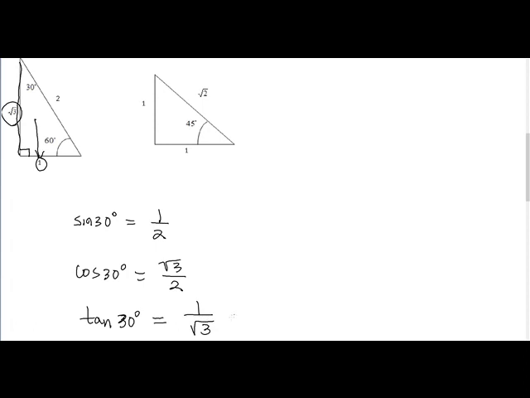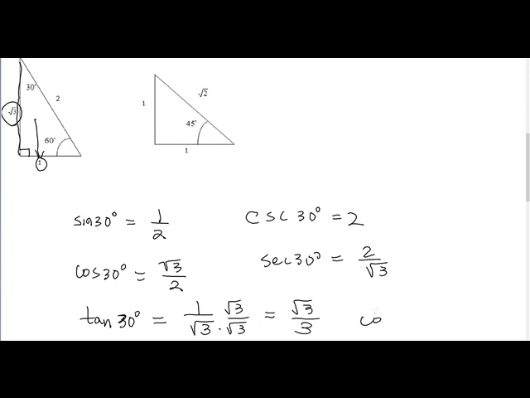You rationalize it by multiplying by square root of 3 top and bottom, and you get square root of 3 over 3 as tangent 30 degrees. Of course, cosecant 30 degrees is then 2. Secant 30 degrees is the reciprocal of cosine, which is 2 over square root of 3, and cotangent 30 degrees is the reciprocal of 1 over square root of 3, which is square root of 3.